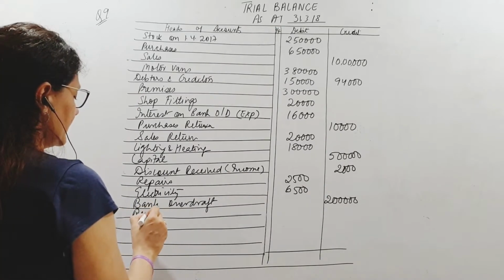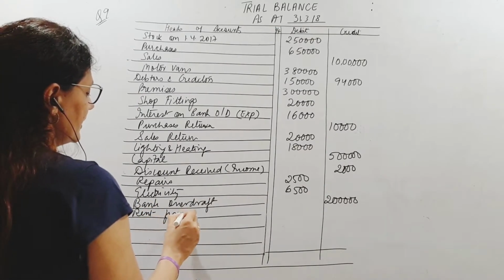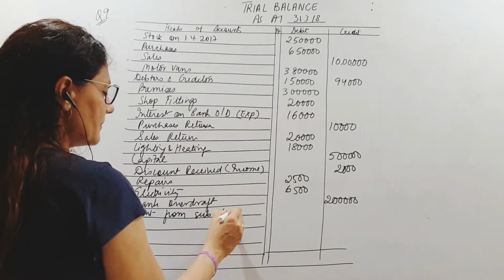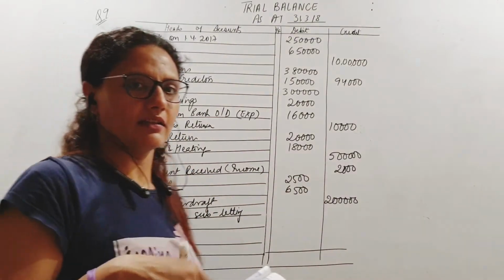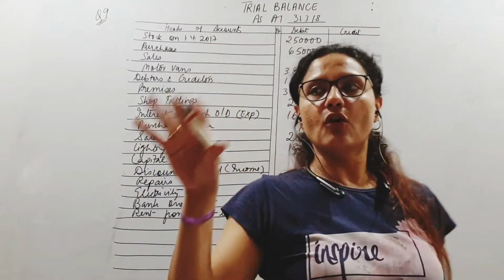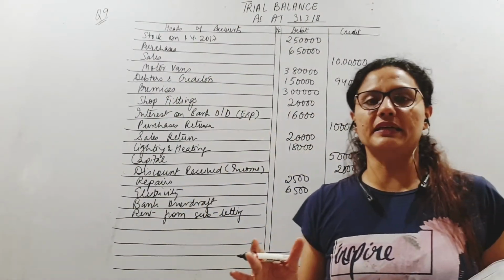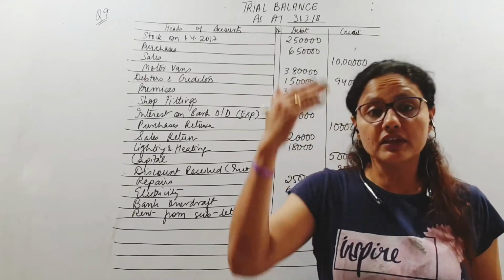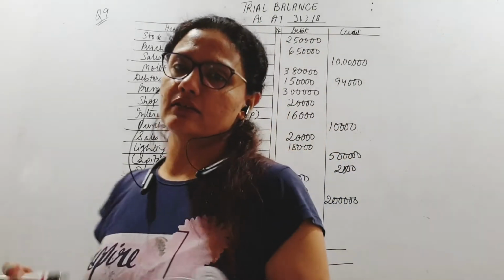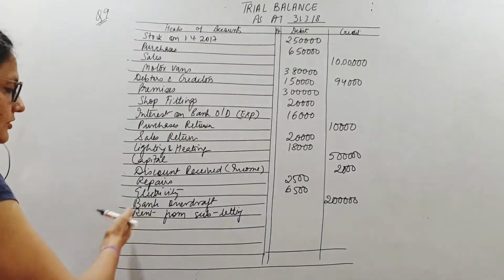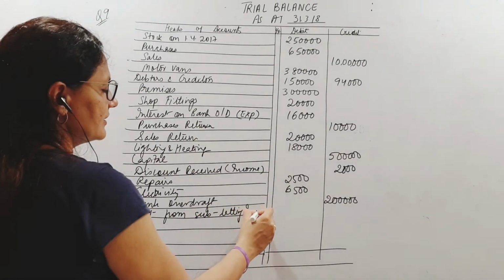Rent from subletting. Now first thing, rent from meaning you are receiving rent. Subletting meaning your premises, your building or your area, you have given someone else to occupy and do something. They are paying you rent, it's an income for you. So rent from subletting is an income.